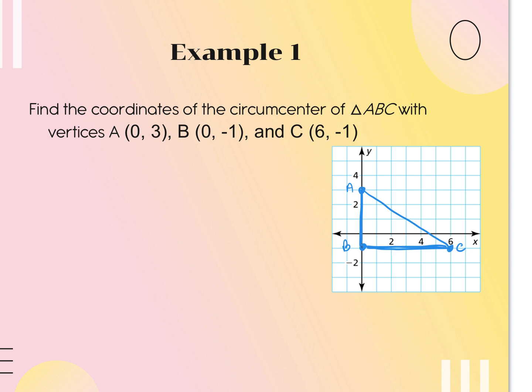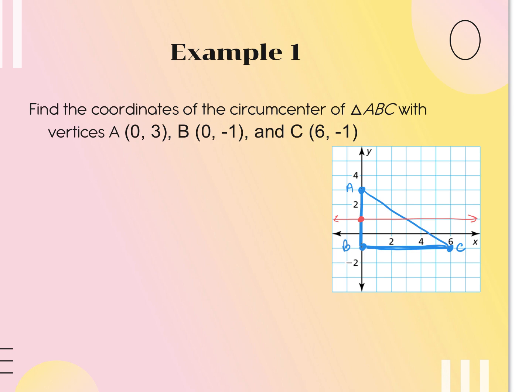I'm going to look at line segment AB, and I know the midpoint of AB is at (0, 1). I can use the midpoint formula like I've shown you in class, but in reality, you don't need it. I know that a line perpendicular to AB is going to be a horizontal line, so it's going to look like this. That's the perpendicular bisector of AB.